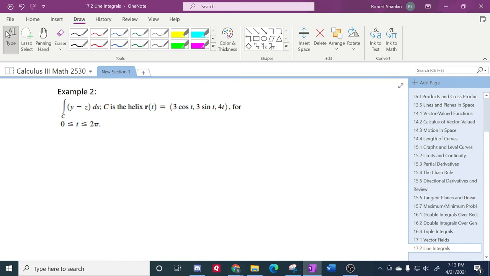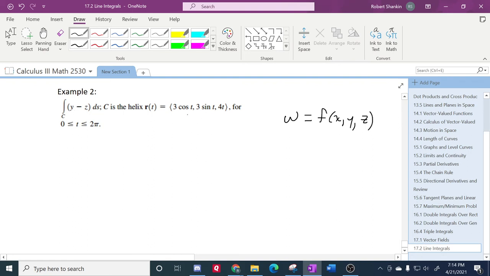Now, this is in 3-space, so this is really a 4-space function, w equals f of x, y, z. That's what we're really talking about. And the x doesn't show up in here. It doesn't have to, or you can think of it as having a coefficient of 0.